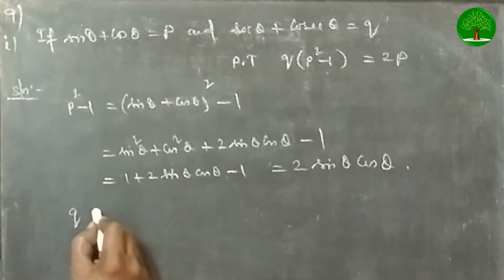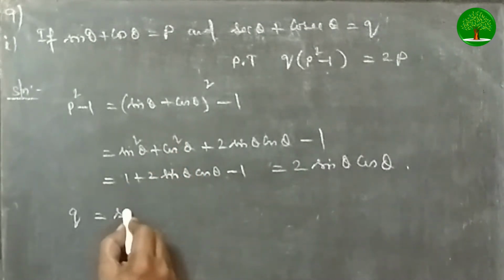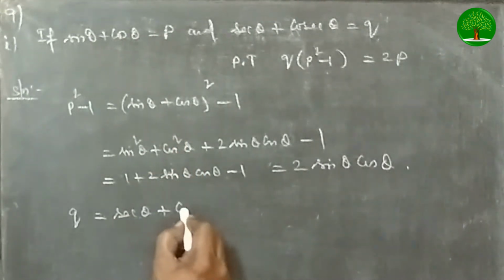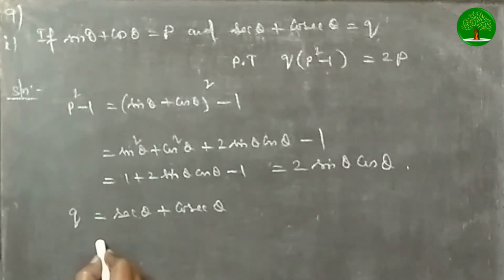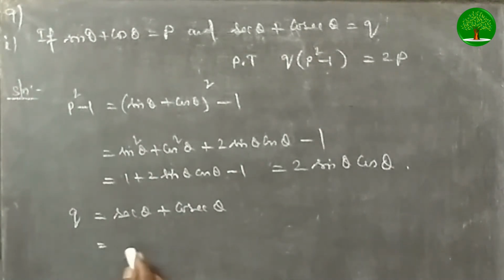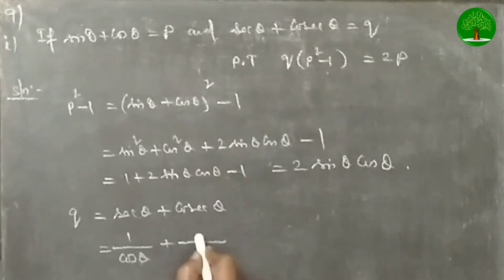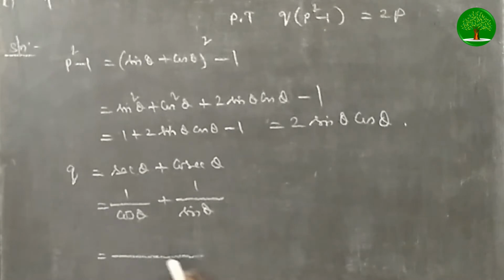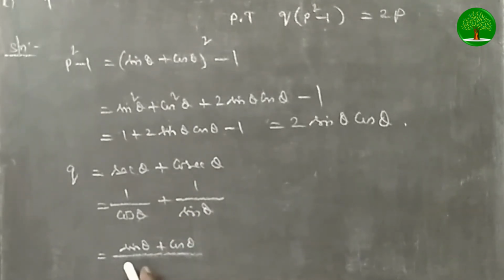Now q is equal to secant theta plus cosecant theta. This is equal to 1 by cos theta plus 1 by sin theta. This is equal to sin theta plus cos theta over cos theta into sin theta.